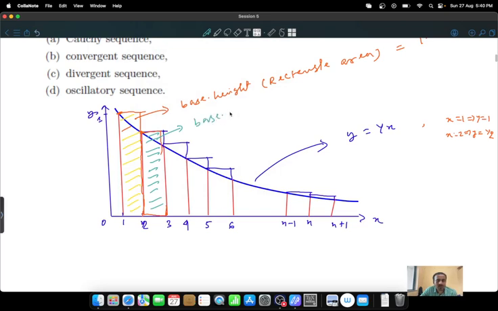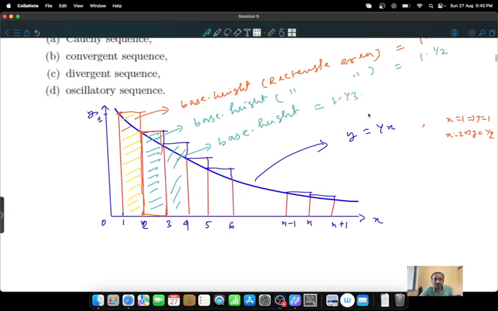So base times height, the rectangle area, equals 1; base and height is half. Now if you do the same thing here, then you get base into height equals 1 into 1 by 3.